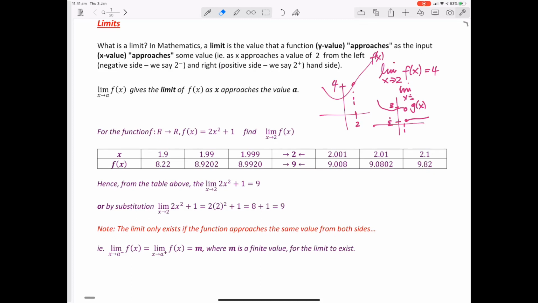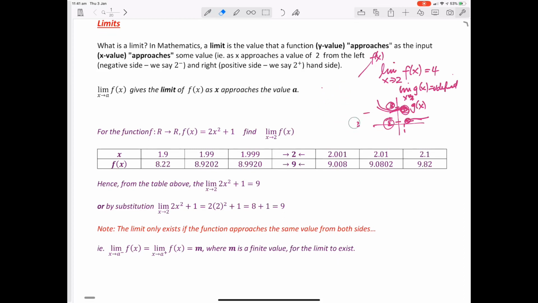From this side it approaches a half, and from this side it approaches 3. So it's undefined, because you don't know which it's approaching. As I approach 1, it's going to 3 on this side, but it's a half on this side. How can it go to two different things? So the limit is looking at what happens from both sides.